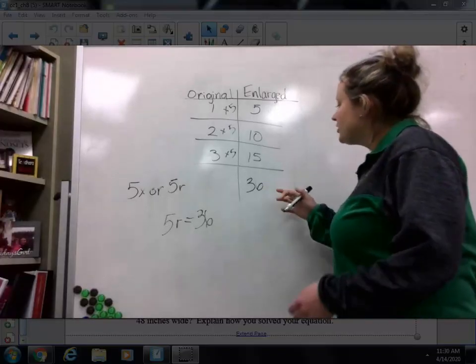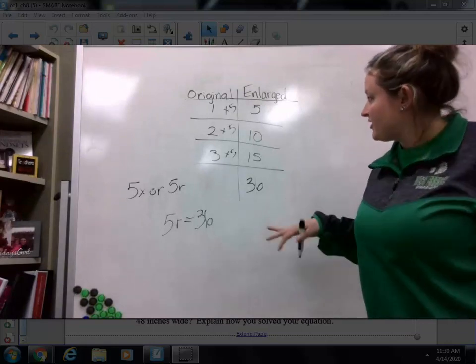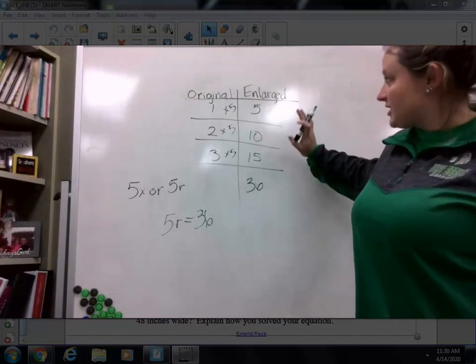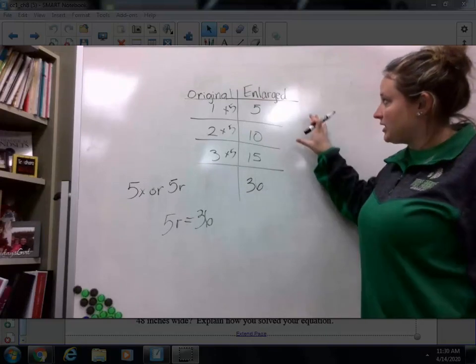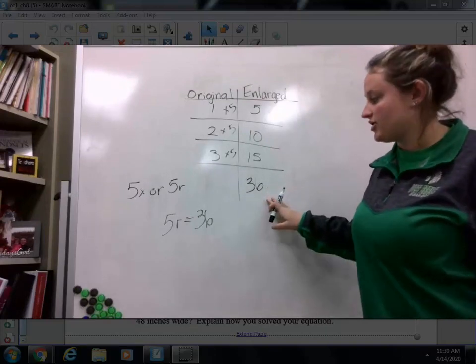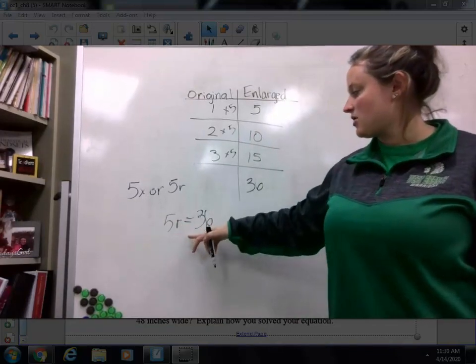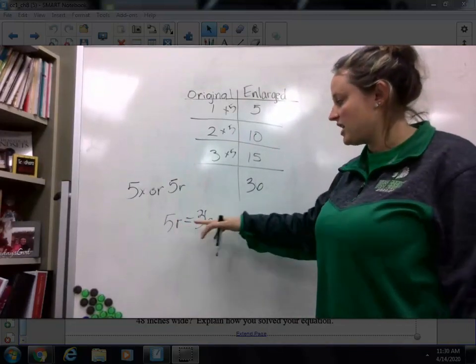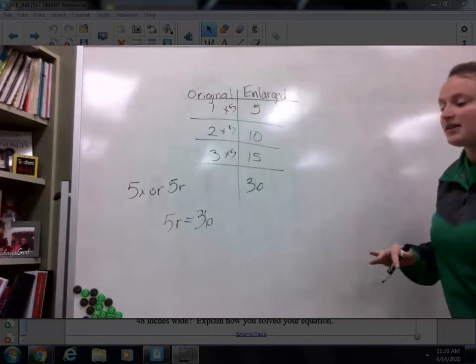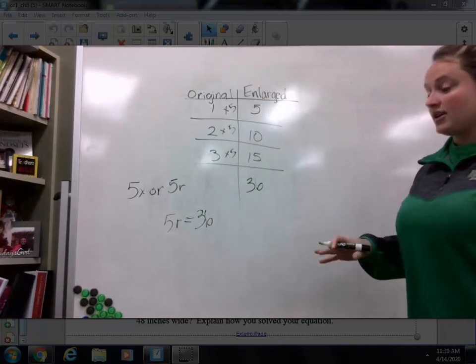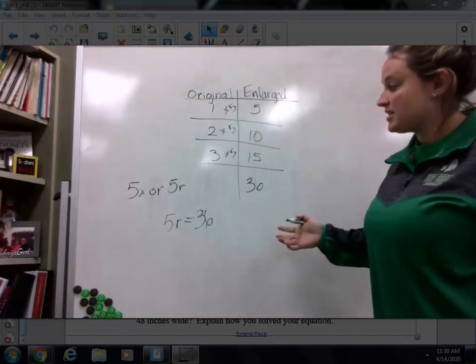Okay, so I'm sure you came up with different ideas, but when we looked at the table, we came up with that the enlarged picture had to be 36 inches. So we look at our equation here, 5 times r, or 5 times the unknown number, equals 36. We want to now show you a different way of how to solve this.